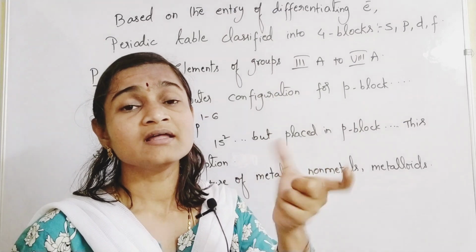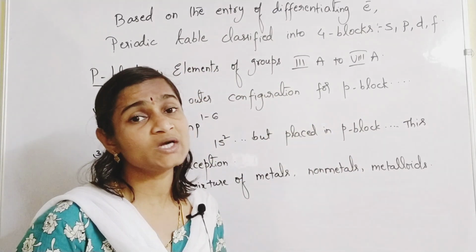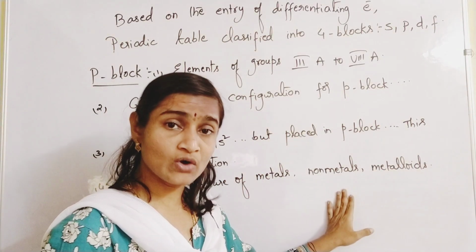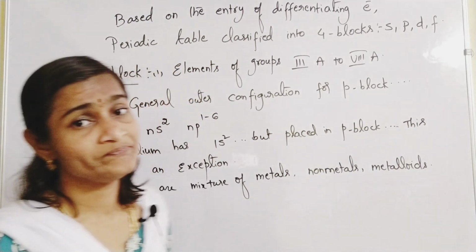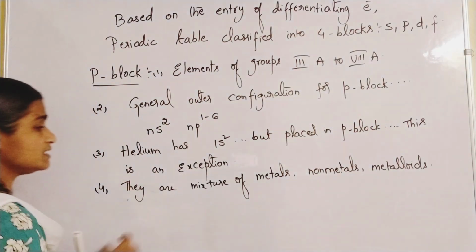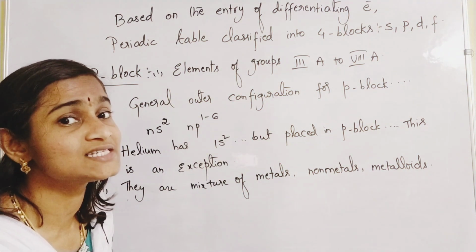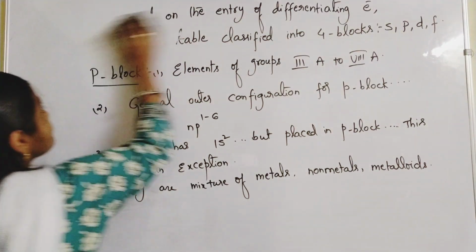They exhibit the properties of both metals as well as non-metals. So in P block you will find metals, non-metals and also metalloids. So these are the mixture of all kinds of substances. These are the general characteristics of P block elements. Right. Now coming to D block.